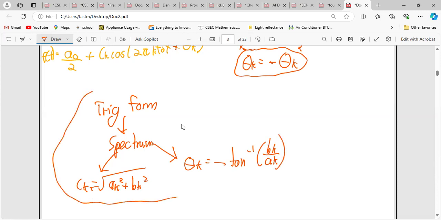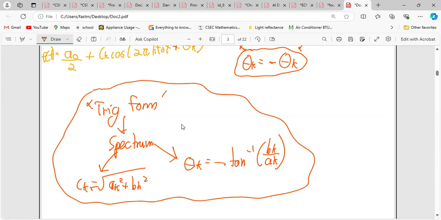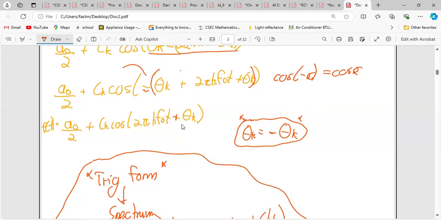Basically, that is the takeaway. Even if you don't know the proof, you have to know this regardless. But doing the proof will show you how they got these things. So what changed is I end up with Ck, which is the square root of Ak squared plus Bk squared, and you just end up with the cos, which you can easily use to get the spectrum.